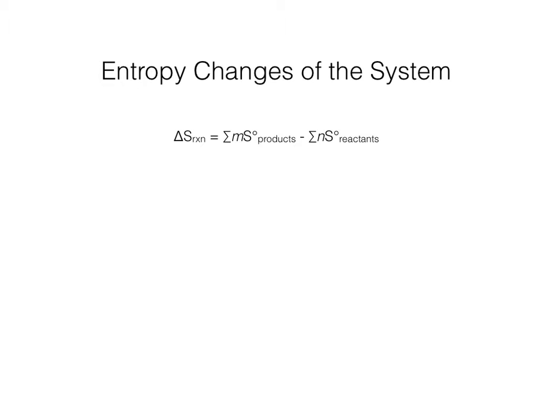Okay, so the entropy change of the system is going to be given by this equation. Oh, and we got a typo here. This should be n. And so this is where the delta S of the reaction is going to be equal to the inherent entropy of the products minus the inherent entropy of the reactants.